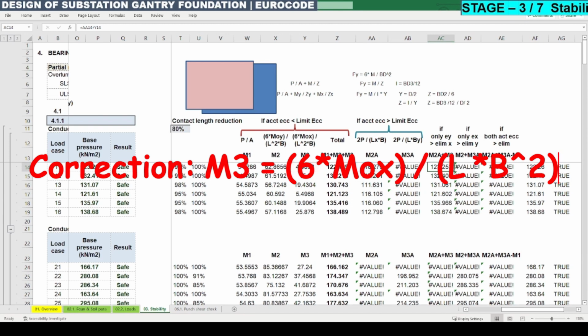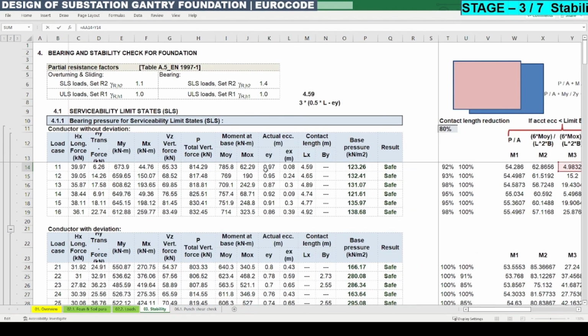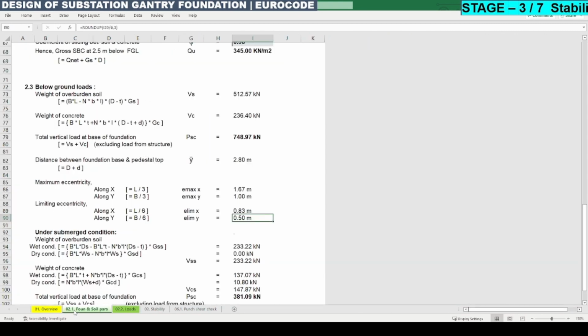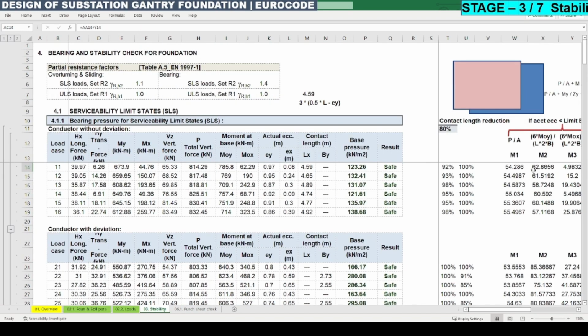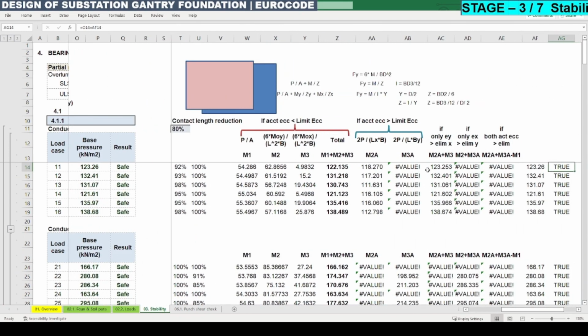And then on the other hand, in the x direction, that is the width direction, the actual eccentricity is greater than the limiting eccentricity. So here you can see 0.97 is greater than the calculated limiting eccentricity 0.83. So then we need to consider the second way of calculation, that is 2P divided by LxB.